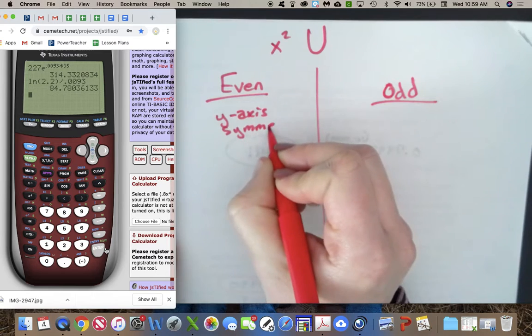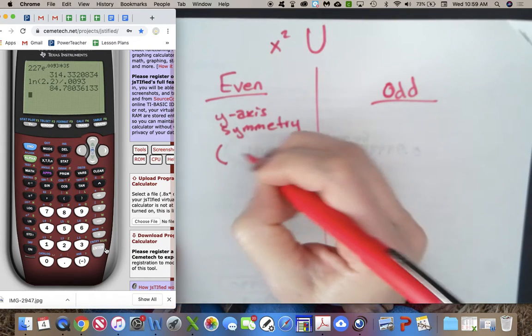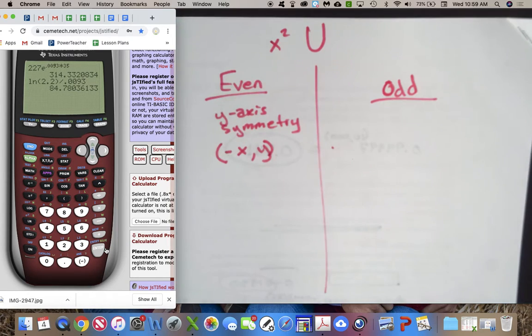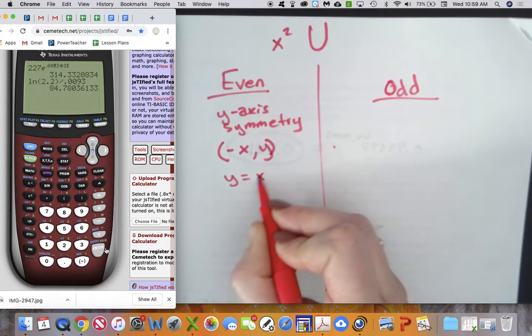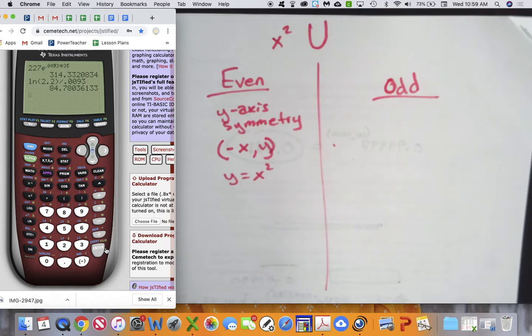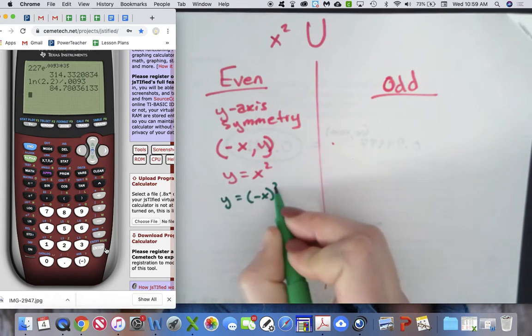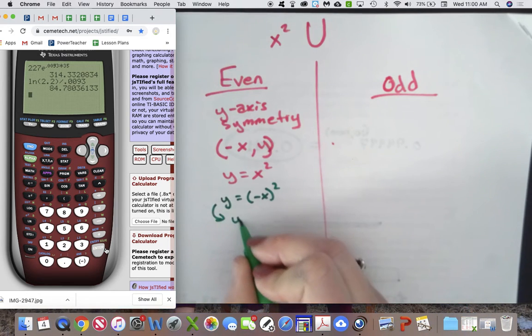Something is symmetric with respect to the y-axis if you can plug in negative x and it makes the same thing. An example of that would be y equals x squared. If I plug in negative for x, y equals negative x squared. Negative x squared is the same thing as positive x squared, because when you square a negative, it becomes positive.